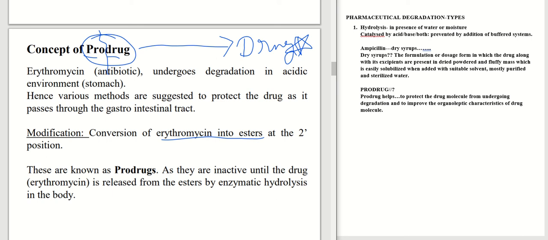So we are actually inactivating the drug molecule. We are actually disguising the molecule. When it enters the body, it gets broken down and the active part will be released. If we don't do that, the drug molecule as such will get exposed to the gastric juices. So this concept is known as prodrugs.